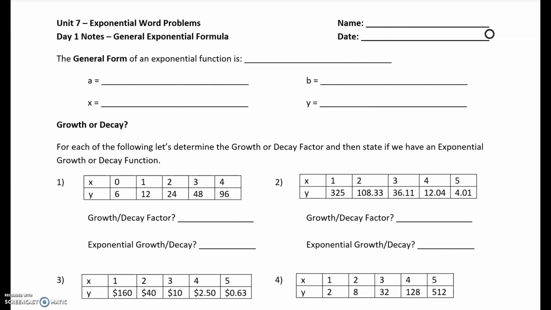Hey guys, today we're going to look at the general form of the exponential function in word problems. So first let's start off. It says the general form of exponential functions is y equals a times b to the x, where a is our initial value, b is going to be our growth or decay rate.